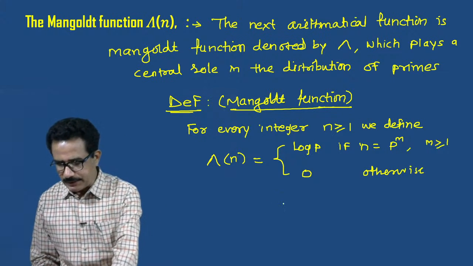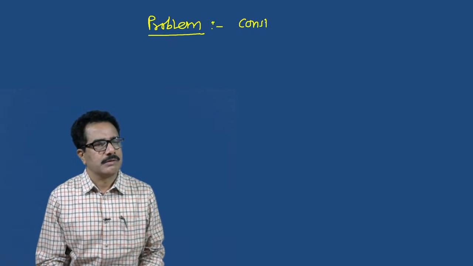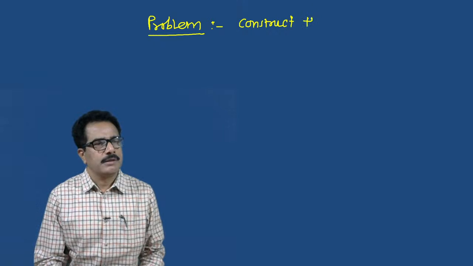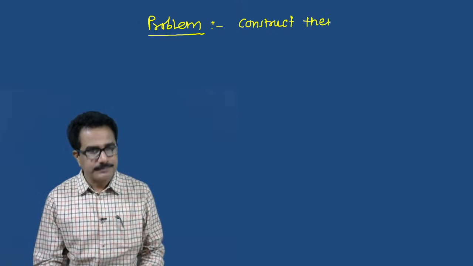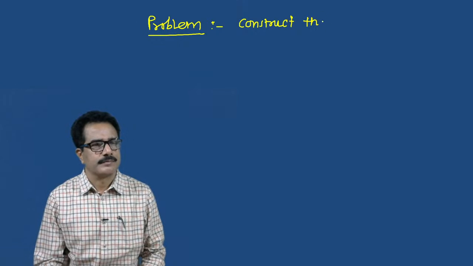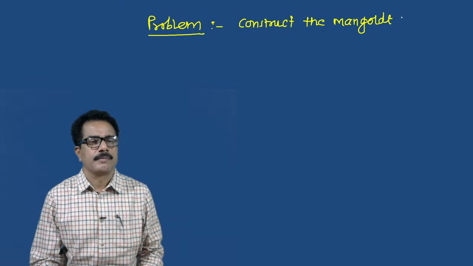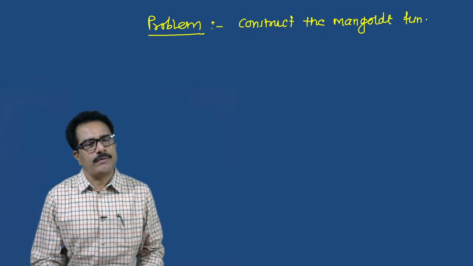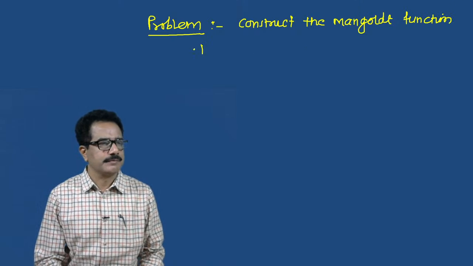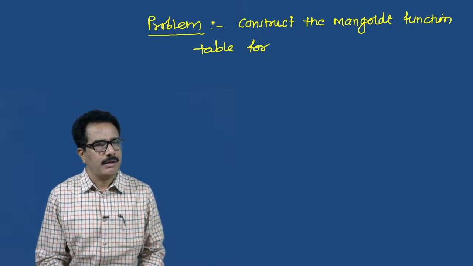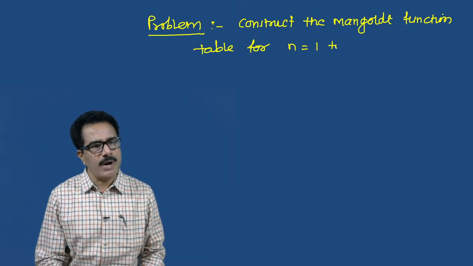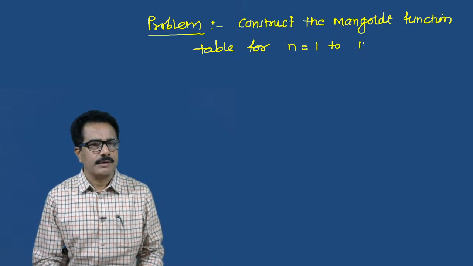Now we can construct, see this example problem: construct the Mangoldt function table for n equals 1 to 10.